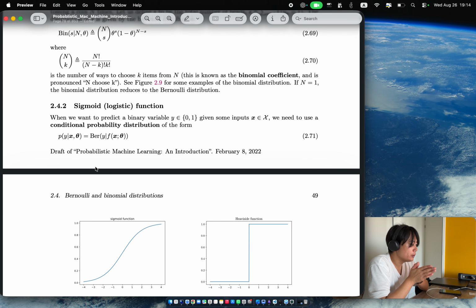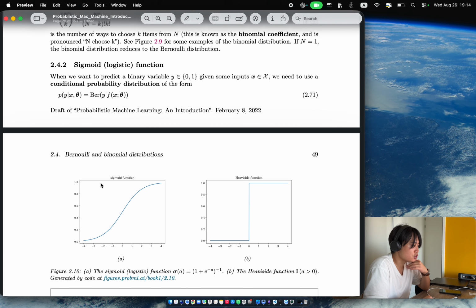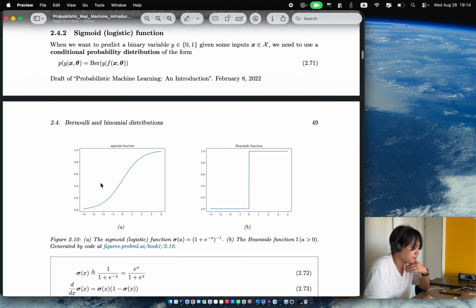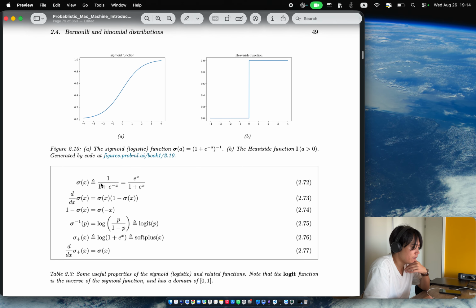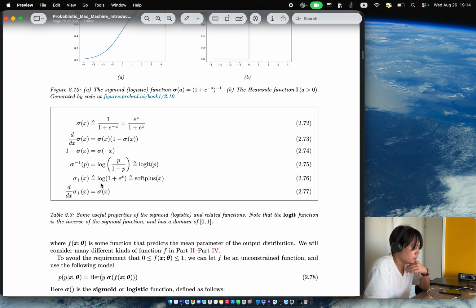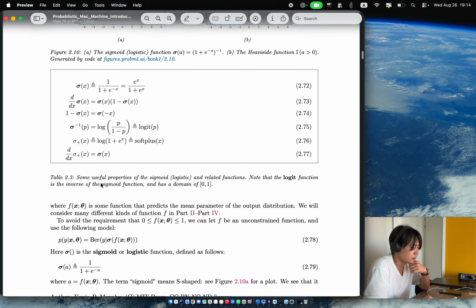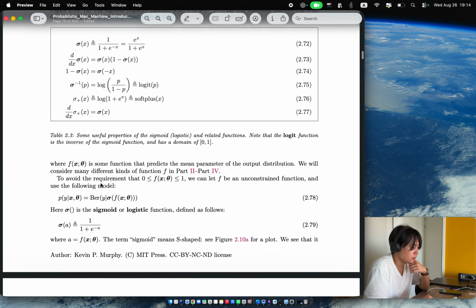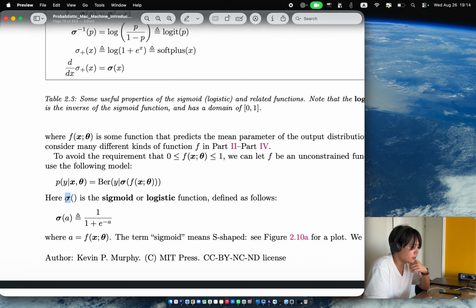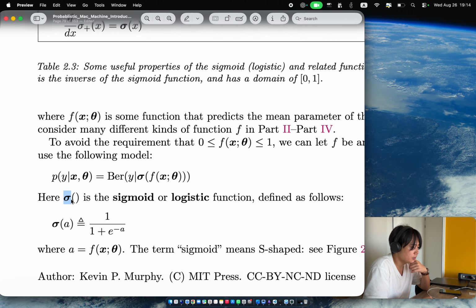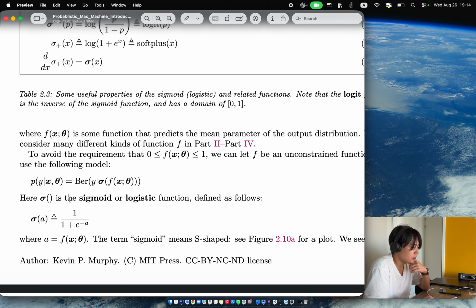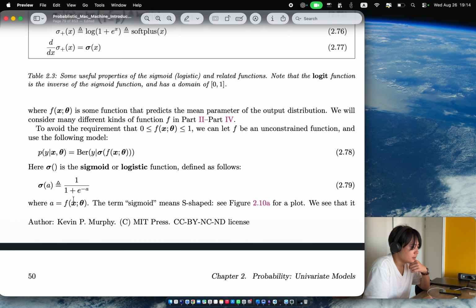The way to describe the probability of y equal 1 is given by x and theta, as a function of x and parameter theta, and that is what the sigmoid function is.